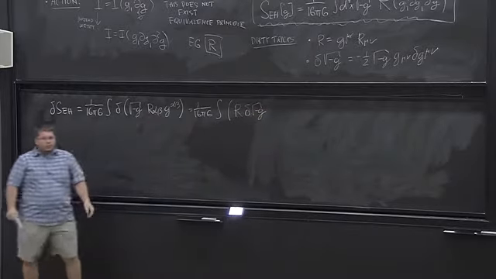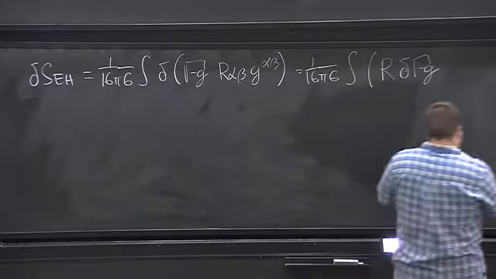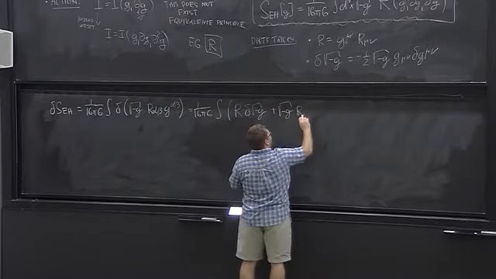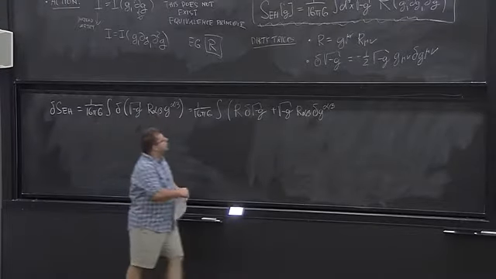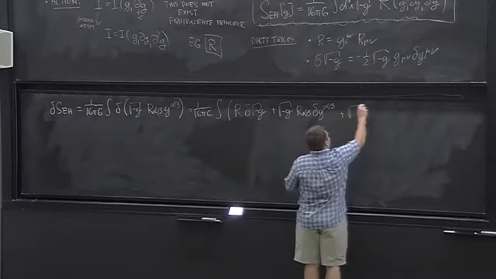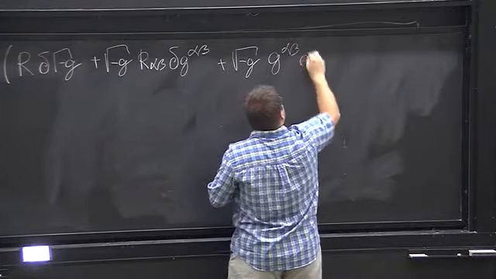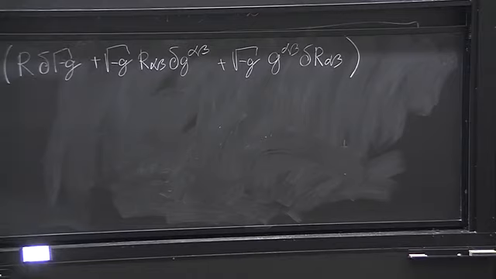The second term is plus square root of minus g, R alpha beta delta g alpha beta, where I'm varying g alpha beta. And the last term is plus square root of minus g, g alpha beta delta R alpha beta. Those are the three terms I have.